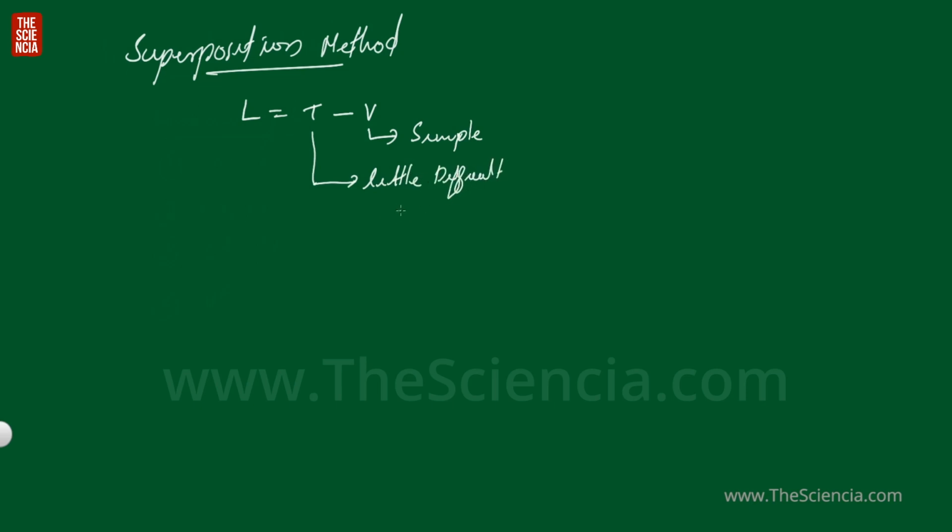First we have to choose our origin. Then we have to find our coordinates x and y. Then we find the velocities in those coordinates, then the velocity v square. Then you can construct the kinetic energy. If you have the kinetic energy and potential energy, we can write the Lagrangian.